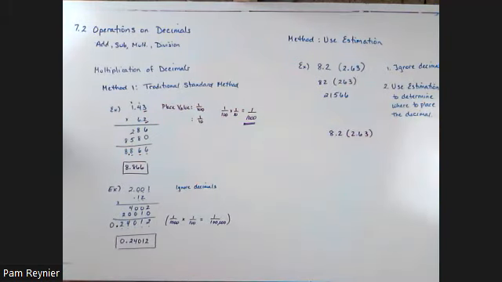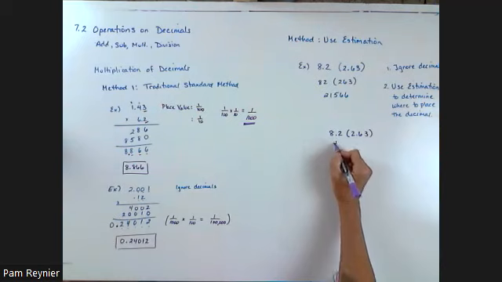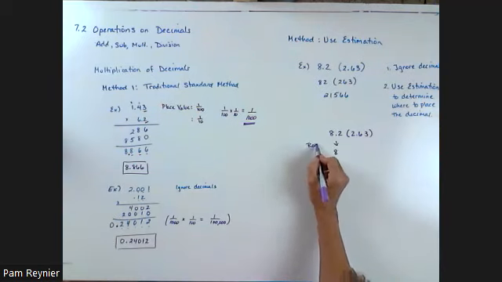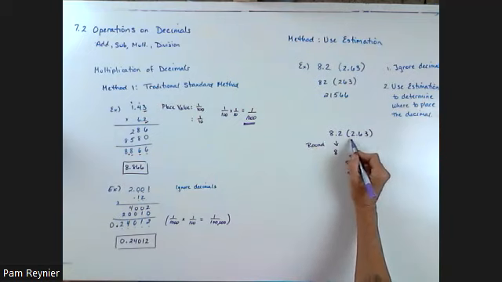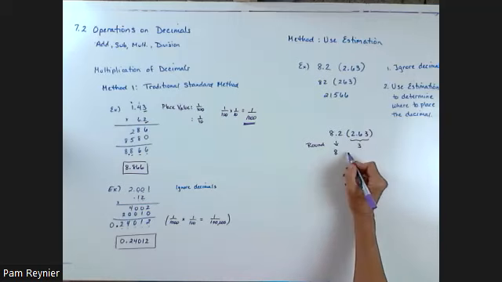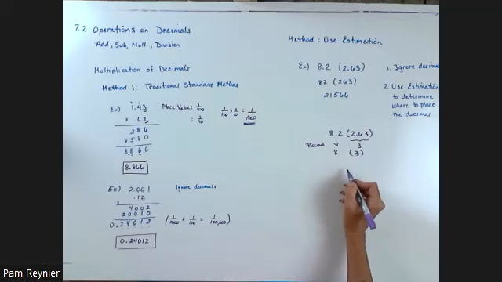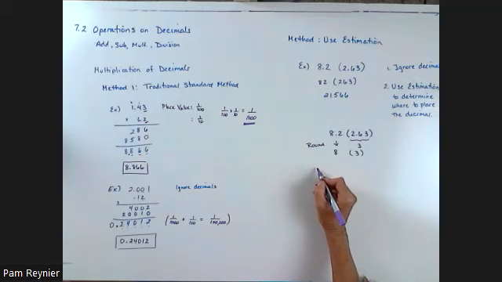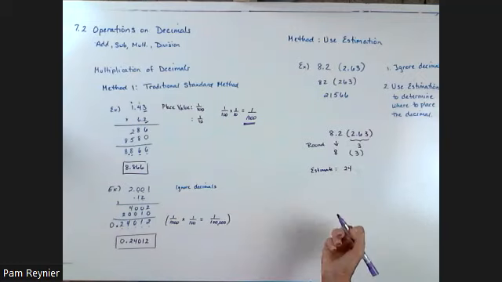We're going to estimate, do a little bit of rounding. So I could look at this as close to the number 8 when I round, and this is close to the number 3 when I round. So this should be close to an estimate of 24.